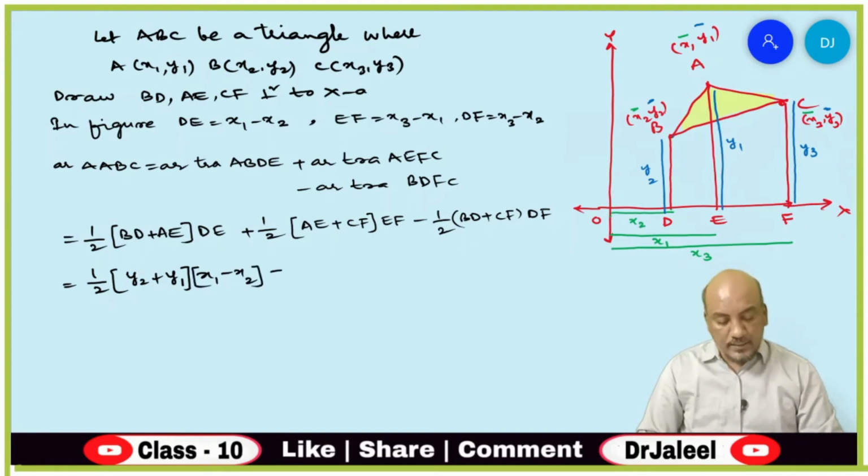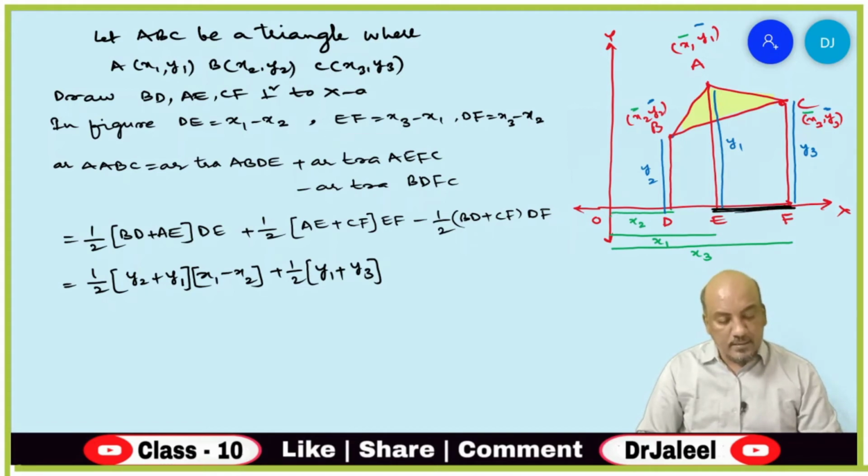So let's go for the second trapezium. 1 by 2 into AE. What is this AE? AE is y1. So y1 plus what is CF? CF is y3. The next, EF, is given. What is this EF? Already you found this EF, here you have written it: x3 minus x1.